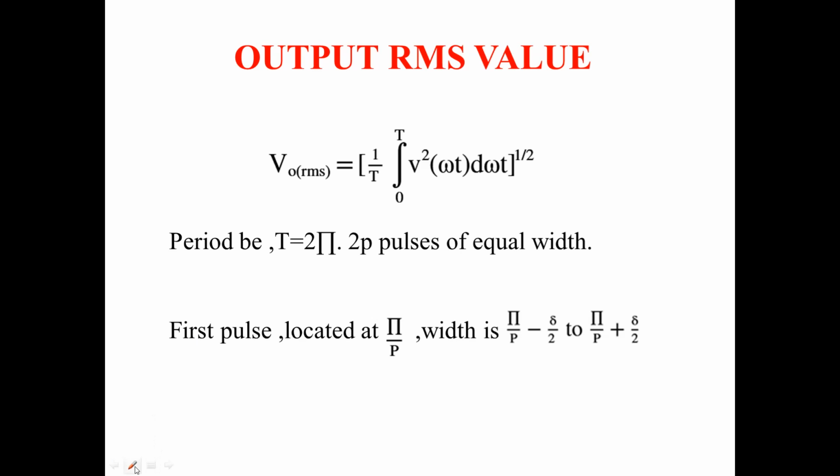V naught RMS is equal to the square root of 1 by T, integral from 0 to T of V square d omega T. The period will be 2 pi for 2 pulses of equal width. The first pulse is located at pi by p, and its width will be from pi by p minus del by 2 to pi by p plus del by 2.